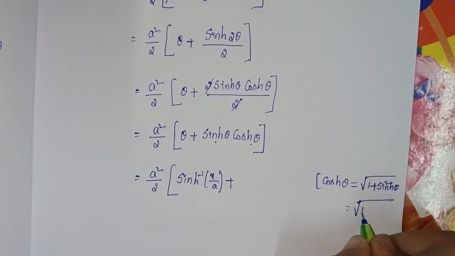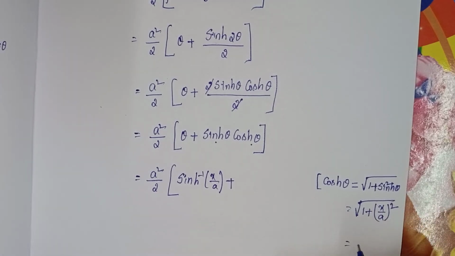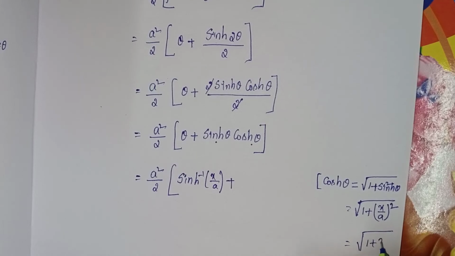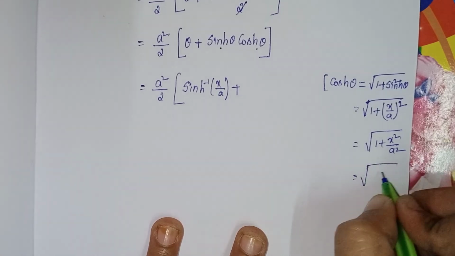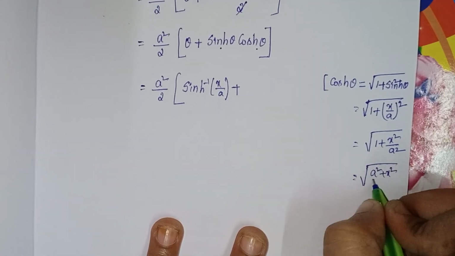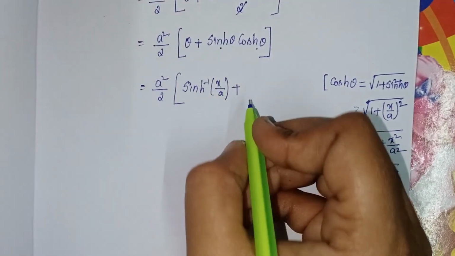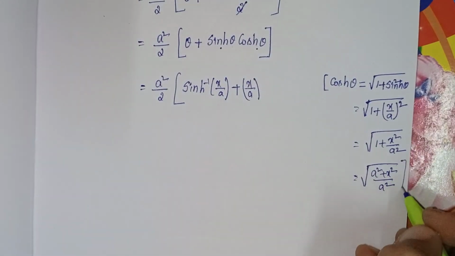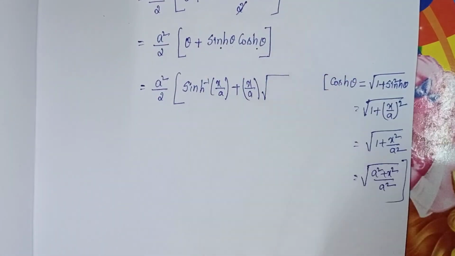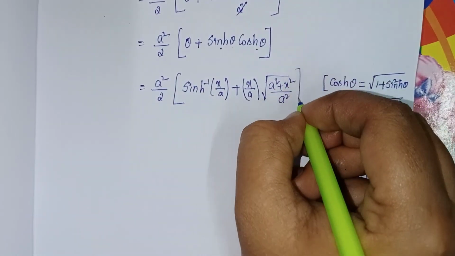That means 1 plus x by a whole square in square root, that is square root of 1 plus x square by a square. That means square root of a square plus x square by a square. Substitute here: sinh theta is x by a into cosh theta is square root of a square plus x square by a square.